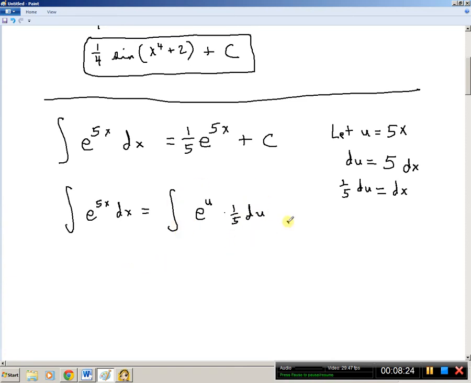But that's easy, because the antiderivative of e to the u is e to the u, and that 1/5 multiplier just sits there. And then I get my arbitrary constant, and then we're ready to substitute back in what u was equal to, 5x. So we get 1/5 e to the 5x plus c, which is what I knew already. So like I said, this was an easy problem, but we can see how to do it with u substitution just for practice.